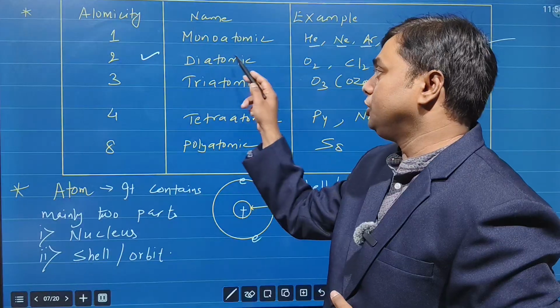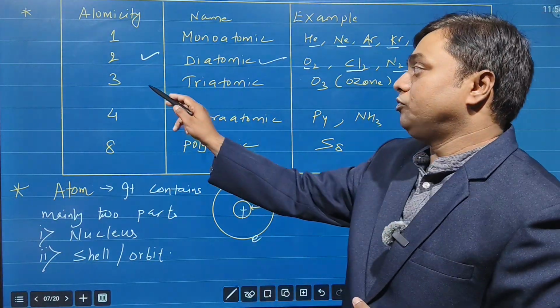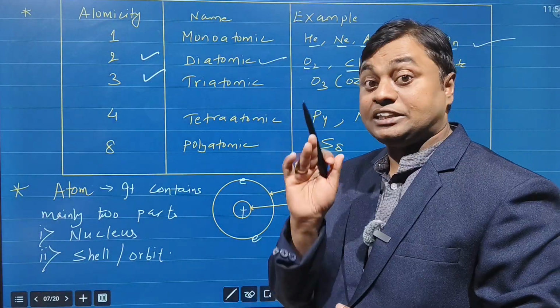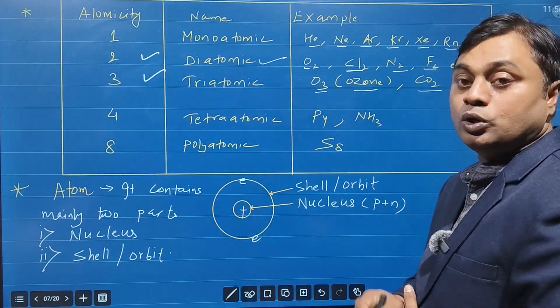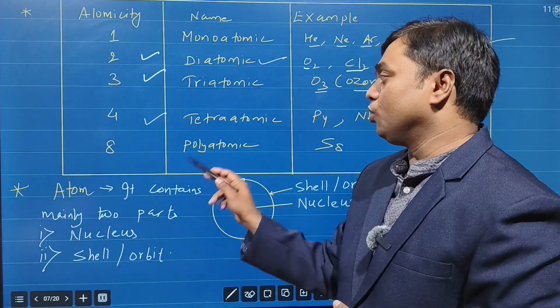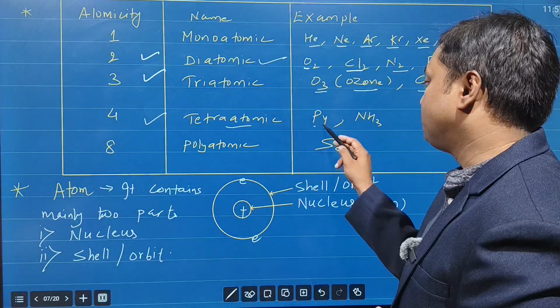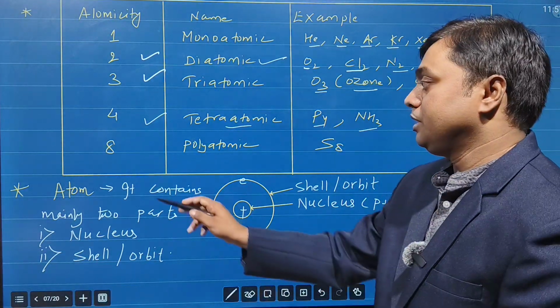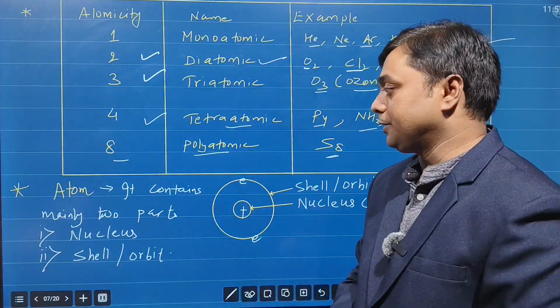If the atomicity is 2, it is diatomic, like oxygen, chlorine, nitrogen, fluorine. If the atomicity is 3, meaning it has 3 atoms, it is called triatomic, like O3, ozone, CO2, carbon dioxide. If atomicity is 4, it is called tetraatomic or polyatomic also you can say, like P4, NH3, ammonia. If it is 8, like polyatomic, sulfur acid. Am I clear?